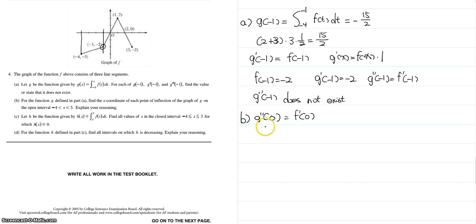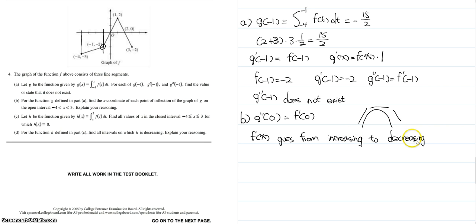But what we're really looking for is a point where f prime of x goes from increasing to decreasing. Why is that? Because if this is a graph and this is 0, it goes from increasing to decreasing.